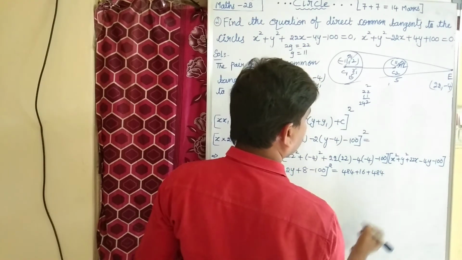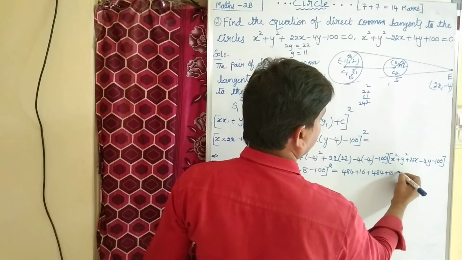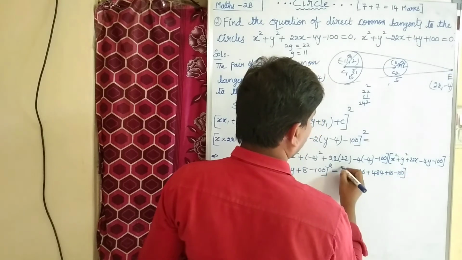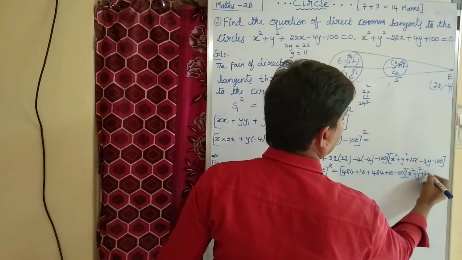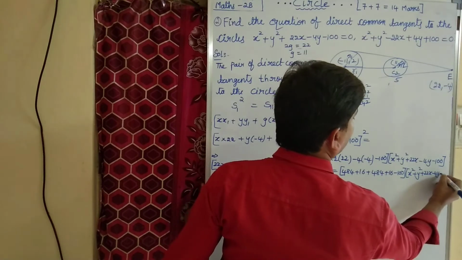Minus into minus plus 16, minus 100, into x square plus y square plus 22x minus 4y minus 100.